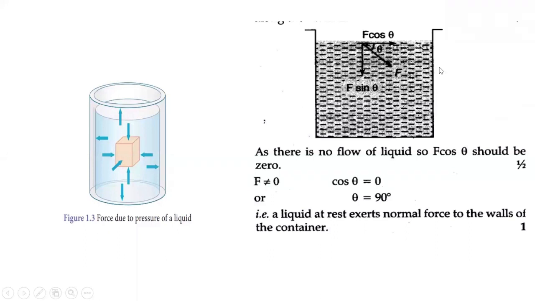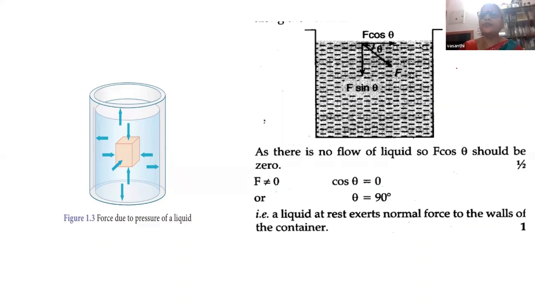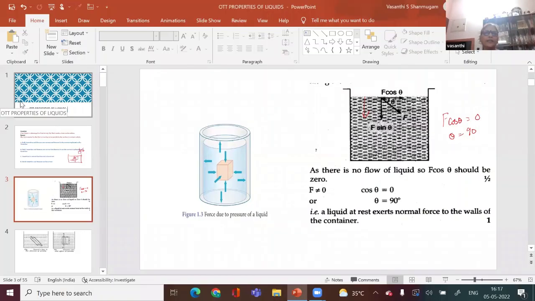Liquid is not flowing, there is no flow along the horizontal surface, so F cos theta is 0. Only F is there, since the liquid is exerting force. So we get the condition theta is 90. That means whatever force is acting should be perpendicular to the surface. The force exerted by the liquid must be normal to the surface.